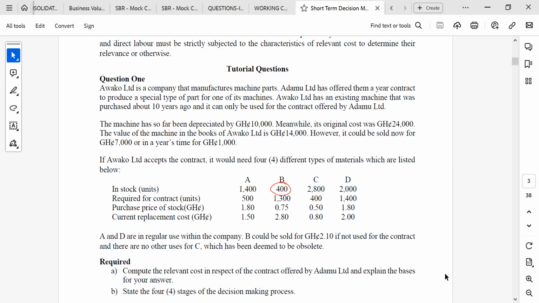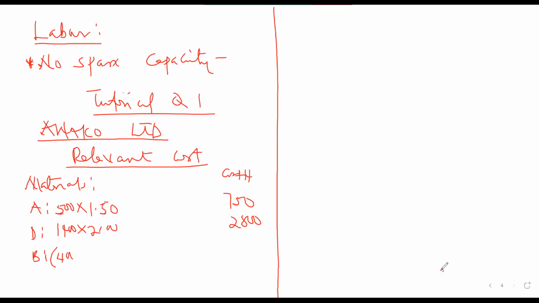The ones in the store, if we don't use it, what will happen? If we don't use it, we can sell it at what? 2.10. Okay. So if we are using it now, it means that we'll be losing how much? 400 times 2.1, isn't it? Okay. So if we don't use it, we are going to sell it for 2.1.